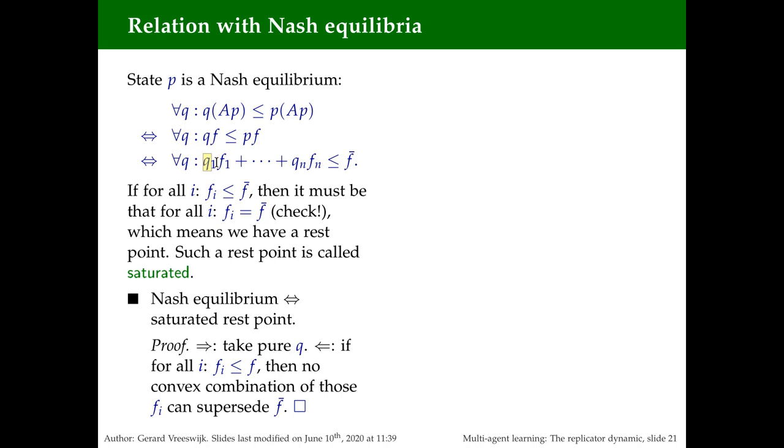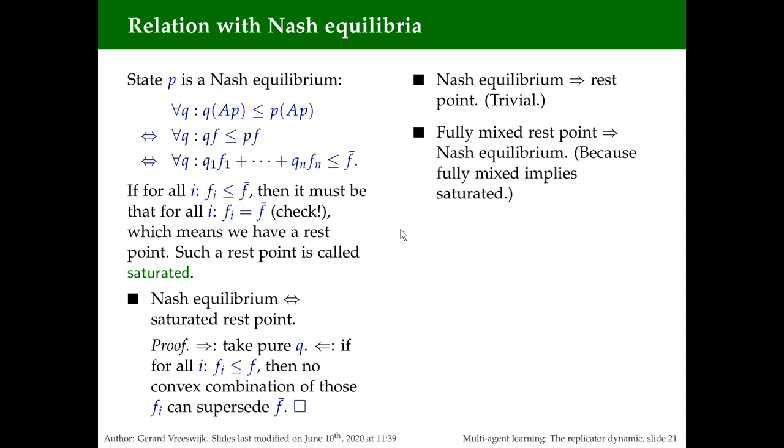So a combination of those cannot supersede the average fitness because of this. So I already argued that therefore a Nash equilibrium is a rest point by this type of reasoning.